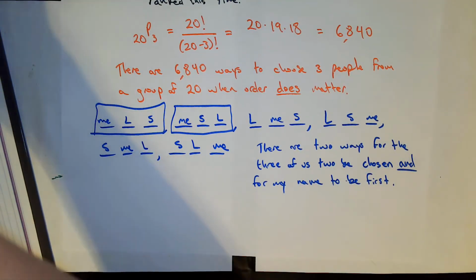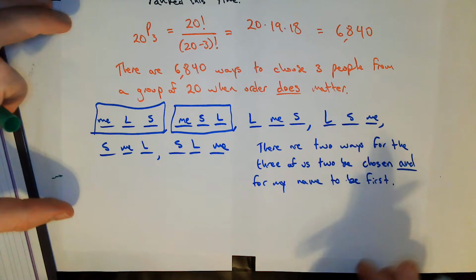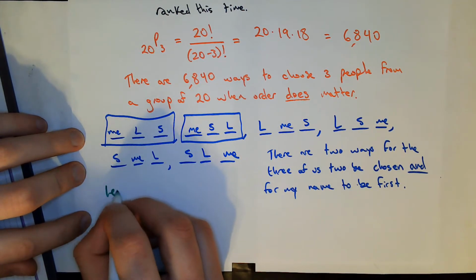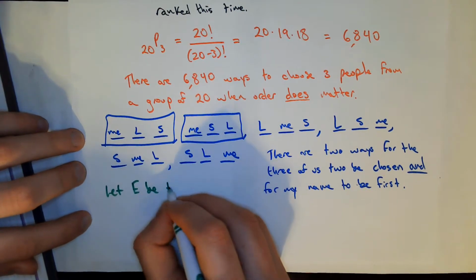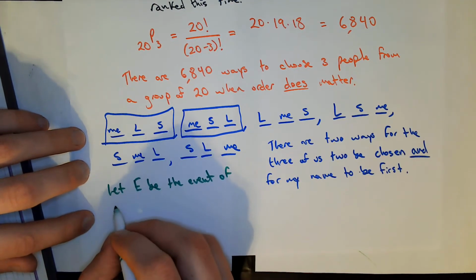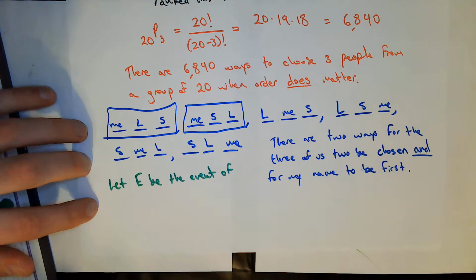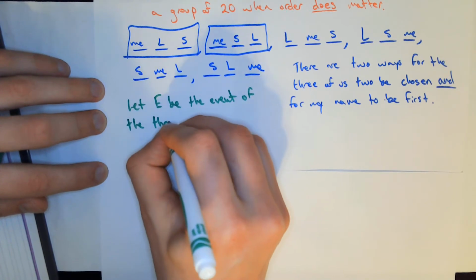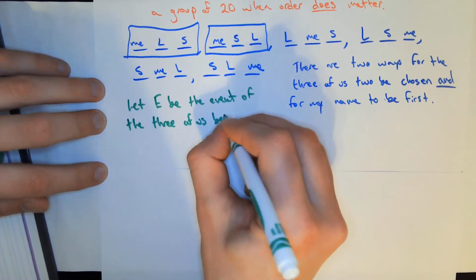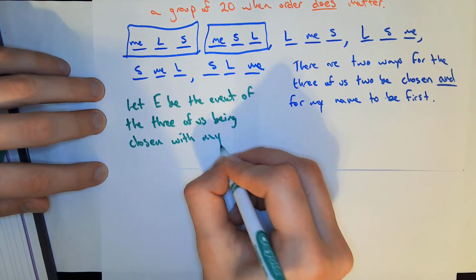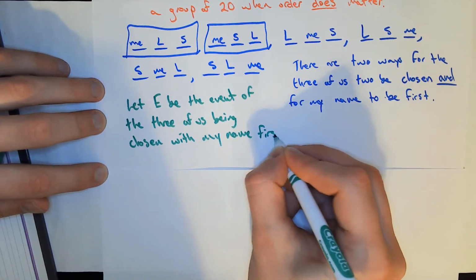So this probability, I'm going to be lazy and say up here, let E be the event of the 3 of us being chosen, with my name first.